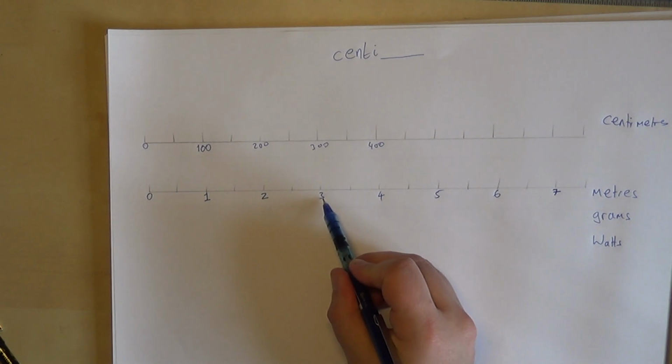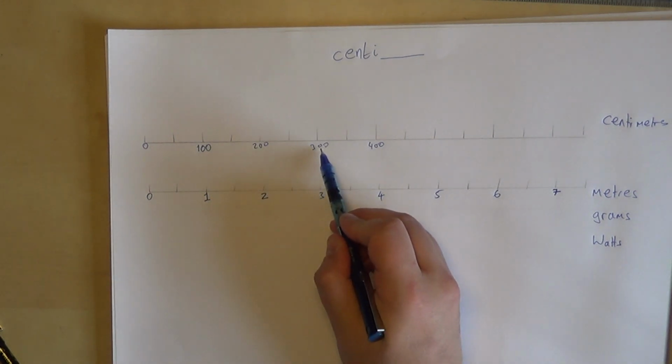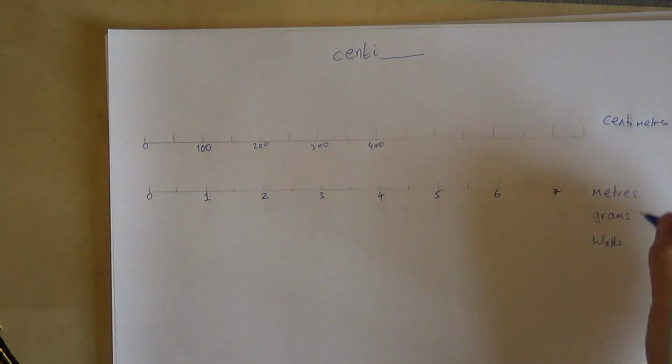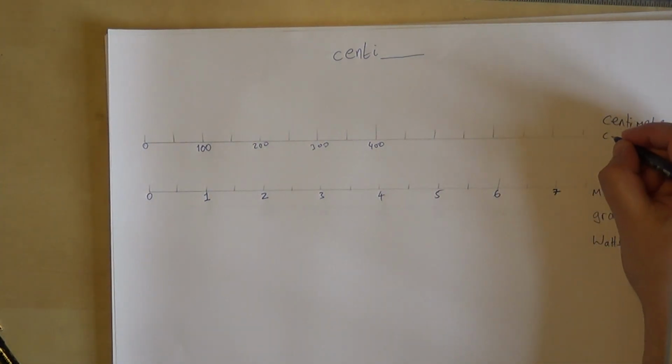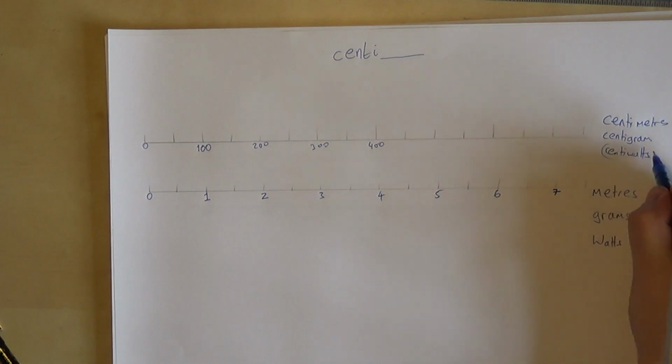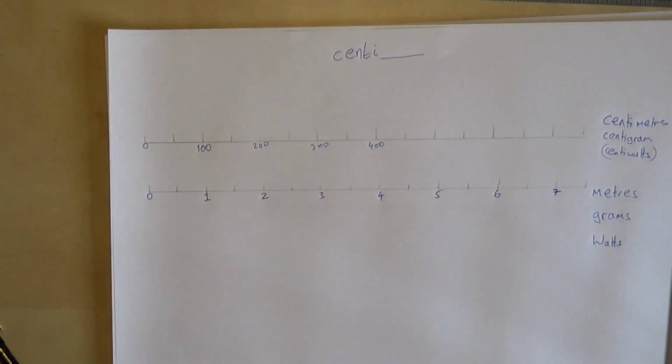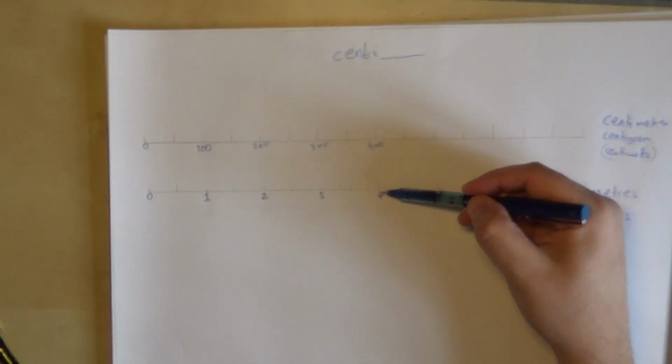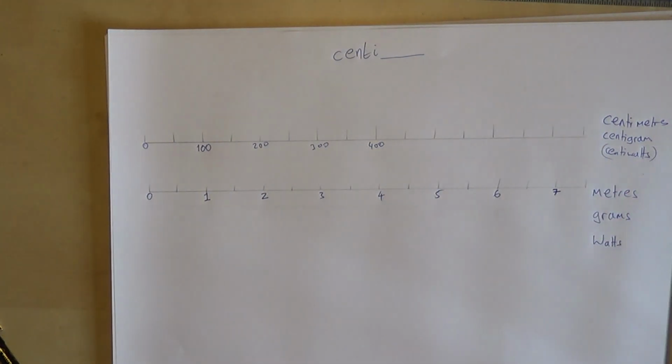Here we're counting with 3 big sticks, here we're counting with 300 little sticks, but they total up to the same length. And that's just as true as 300 centigrams or centiwatts, which aren't a very common unit. Centigrams are certainly not common. But this relationship of 100 is an easy calculation to make.